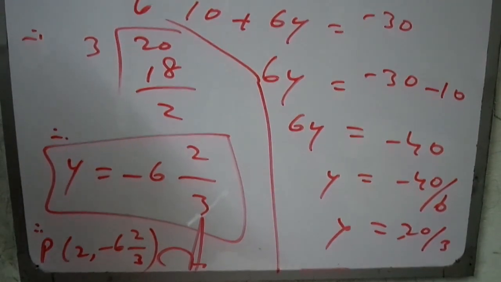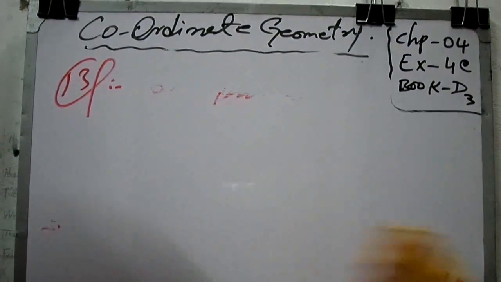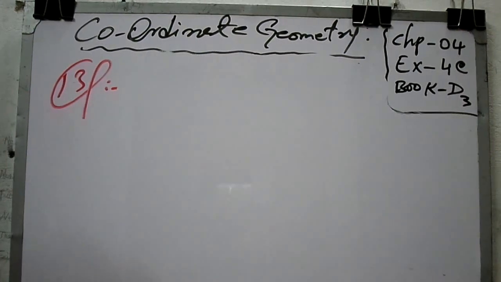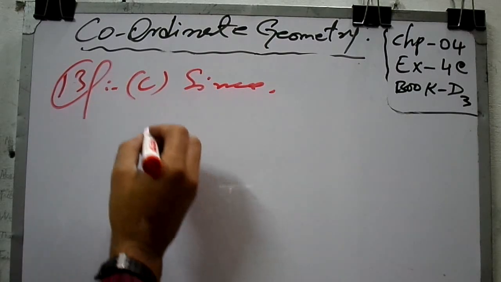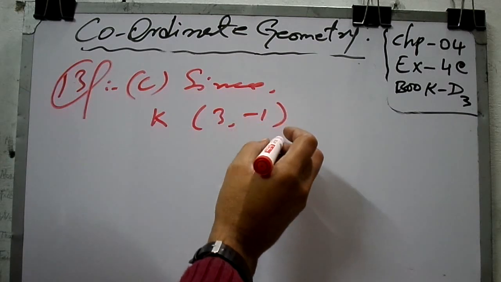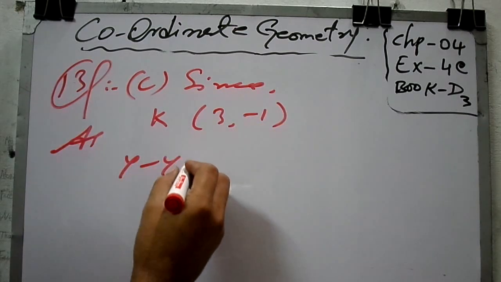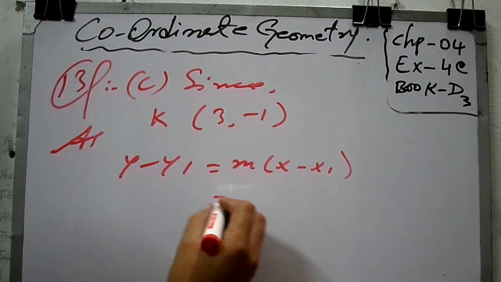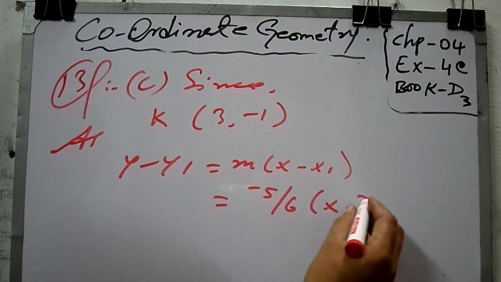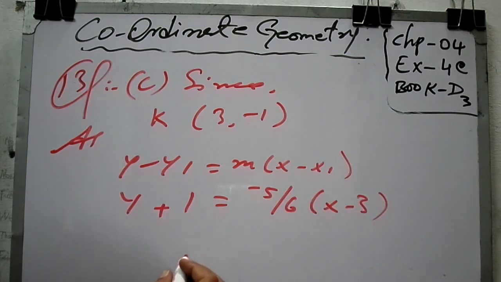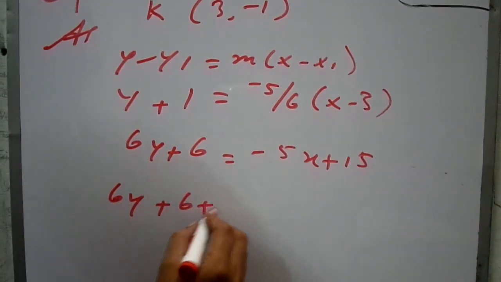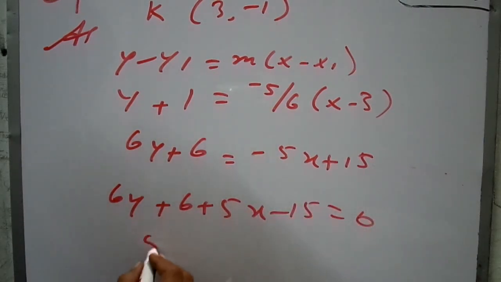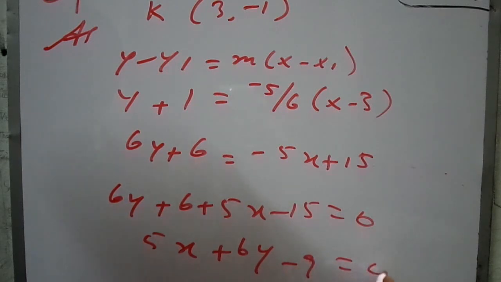So coming to the C part of the same question. In C part, since the k is 3 minus 1, as the equation is y minus y1 is equal to m into x minus x1, so putting the values, by further simplification you will get the quadratic equation.